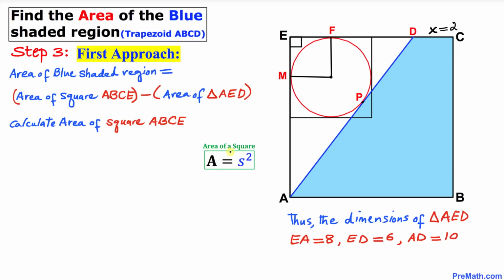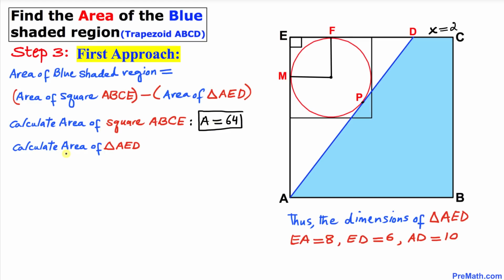Here's the area of a square formula: A equals s squared, where s represents the side length of the square. In our case, the side length is 8. So area is going to be simply 8 squared, which turns out to be 64.